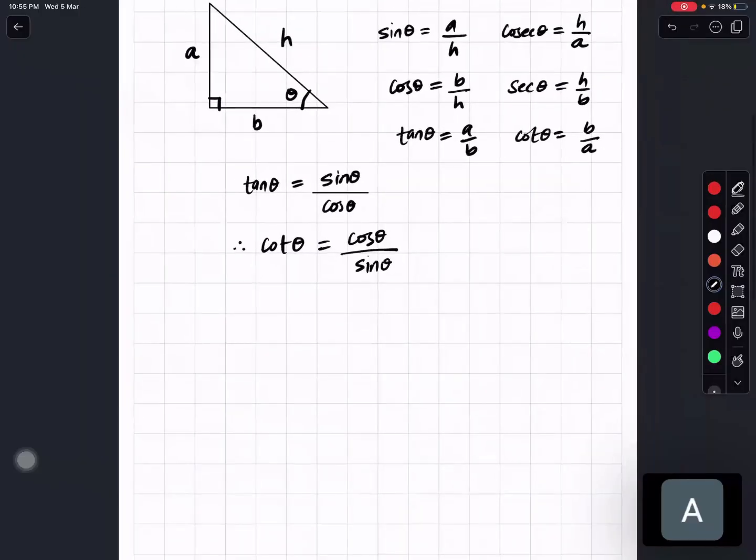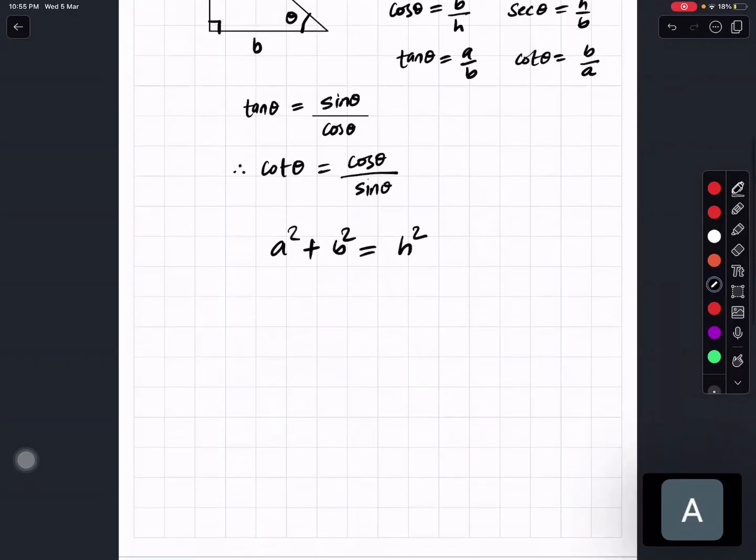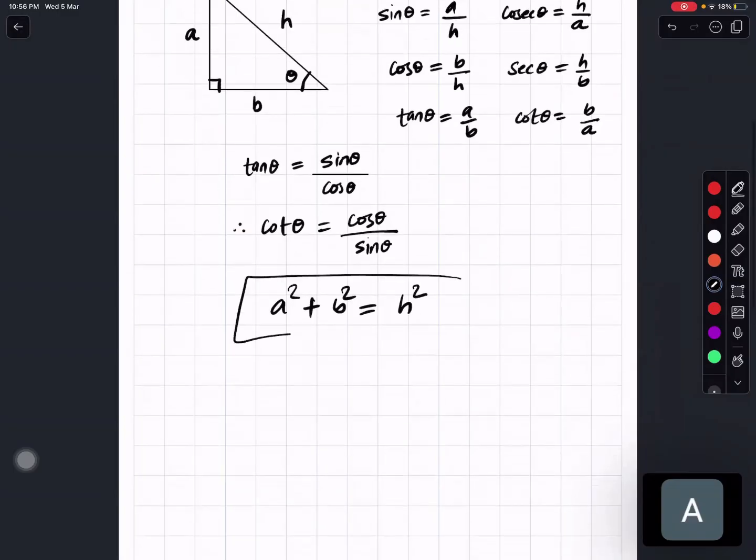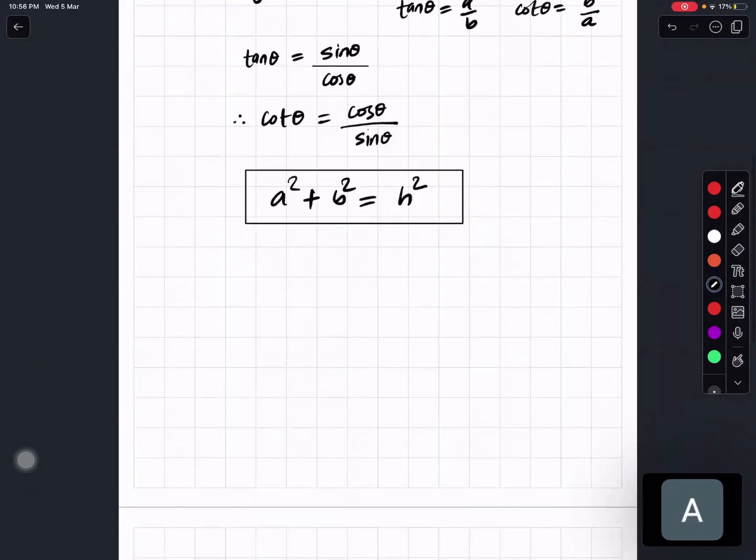Then, since we know that A square plus B square is equal to H square, using this Pythagorean identity, if we divide every side by H square, we will end up getting A square over H square plus B square over H square is equal to 1.